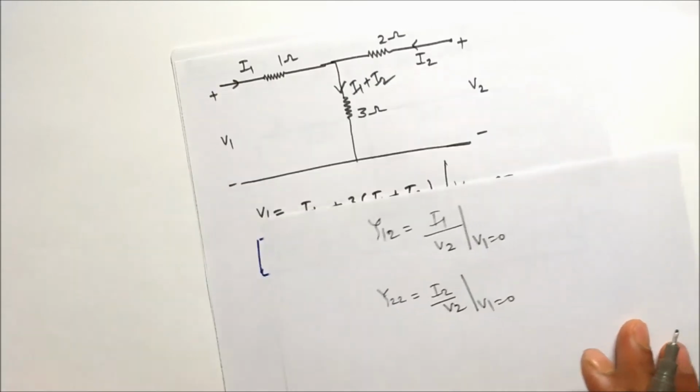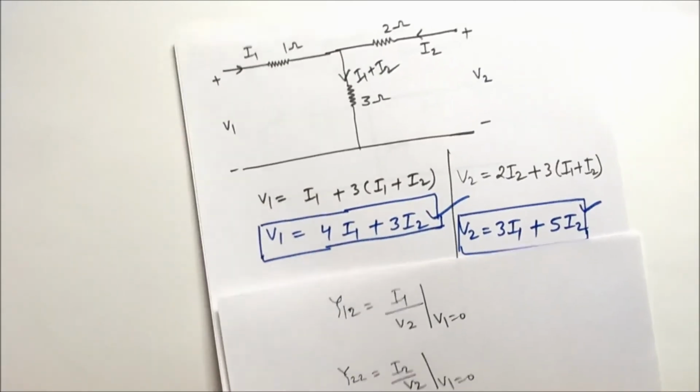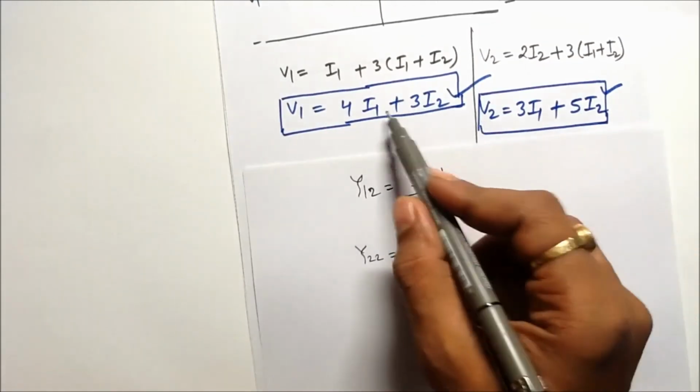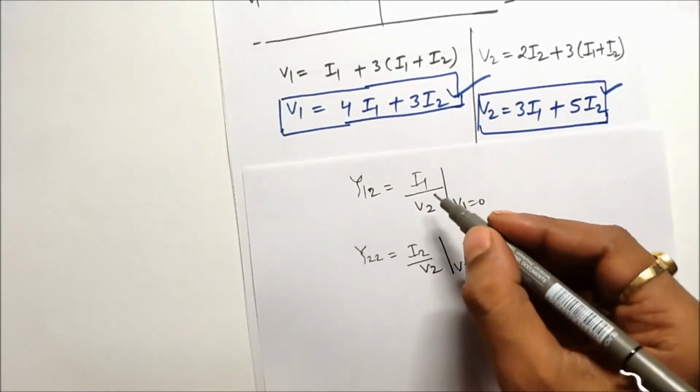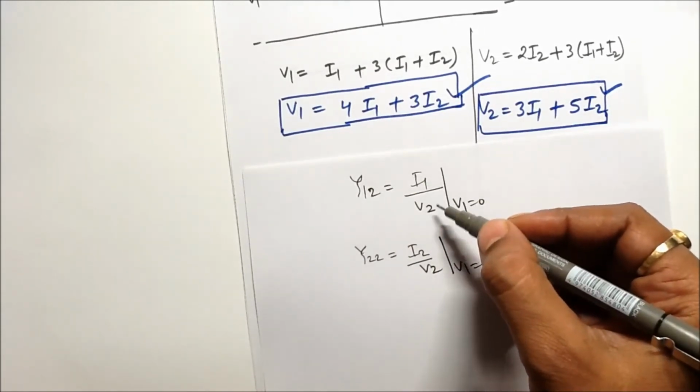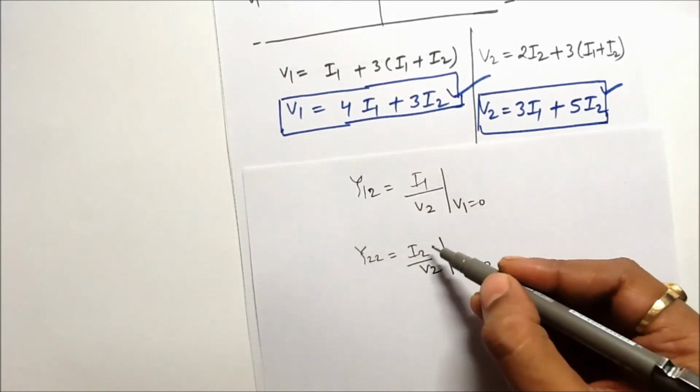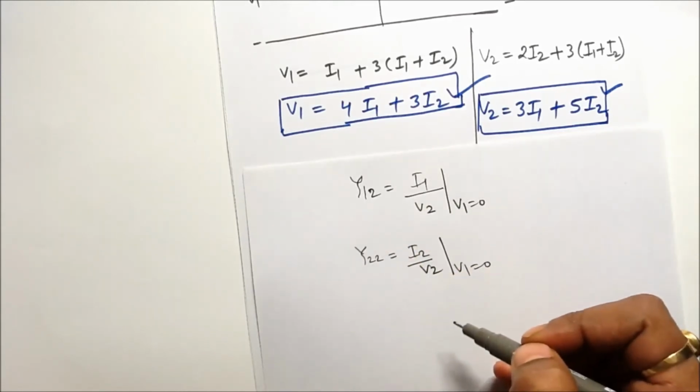So put V1 equals 0 in these two equations and find out the ratio of I1 upon V2, that will be Y12, and the ratio of I2 upon V2 will be Y22.